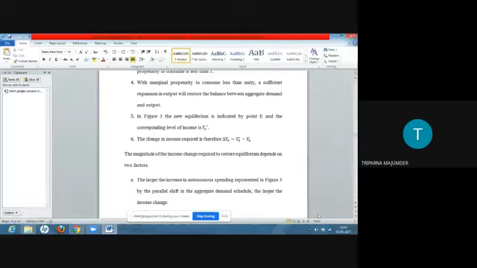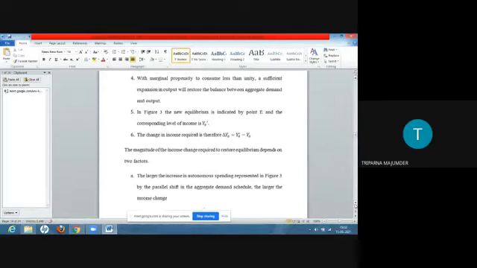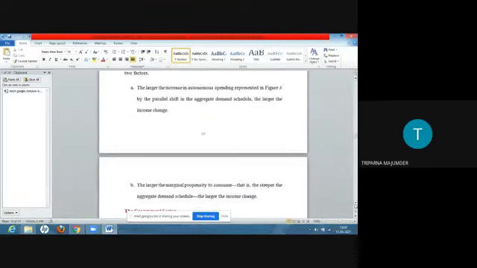This we have said again and again, that the larger the change in autonomous spending, the larger will be the value of the multiplier. Secondly, the larger the marginal propensity to consume, that is, the steeper the aggregate demand schedule, the larger the income change. Hope it's clear to you.